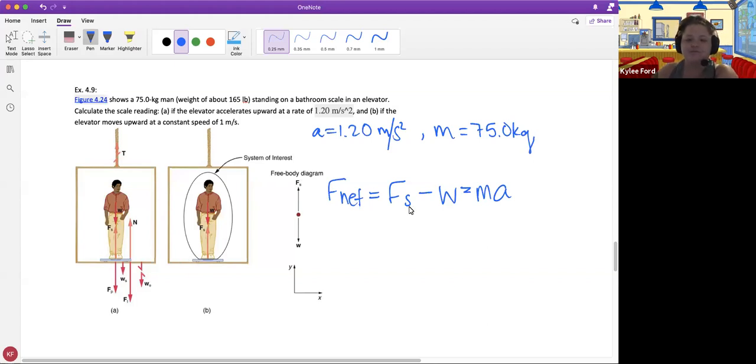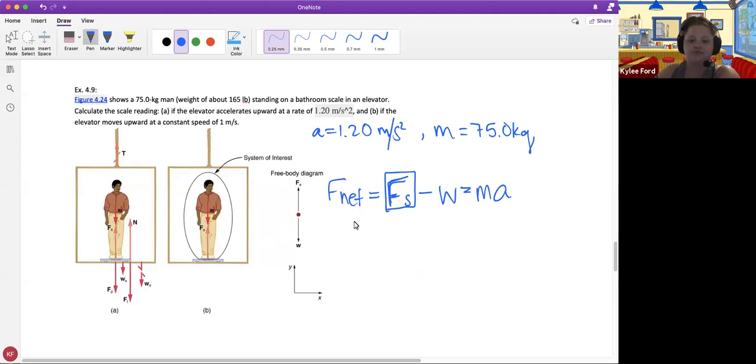What we are looking for is F sub s. This is the force by the scale onto the man.